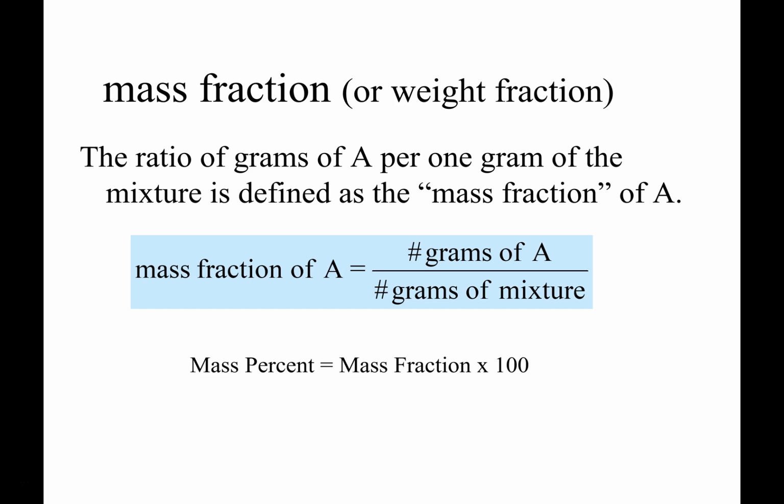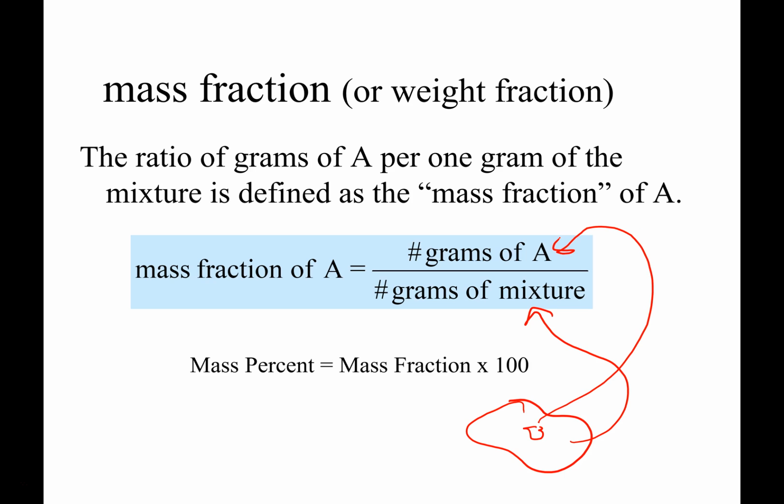So simply, you take your blob of mixture, whatever that mass is goes here, whatever the mass of the component is goes there, and voila, you'll have a decimal number, and that's the mass fraction of component A. So mass fraction times 100 is mass percent.